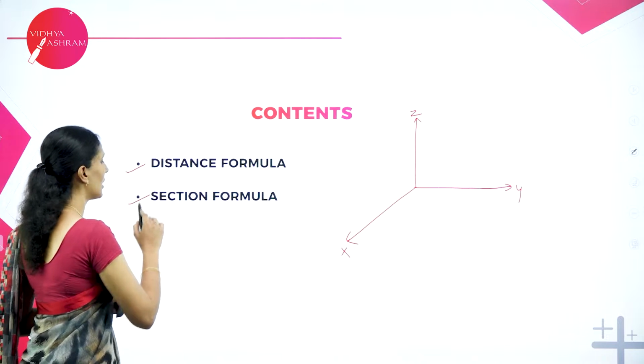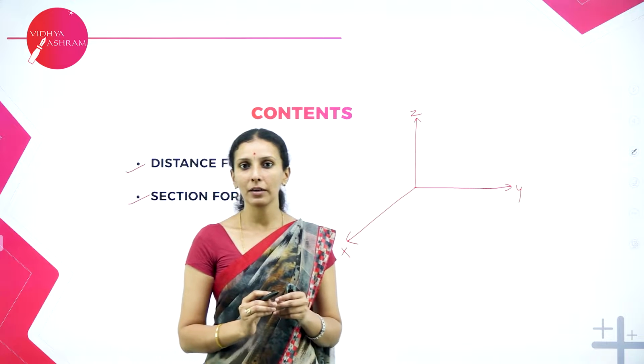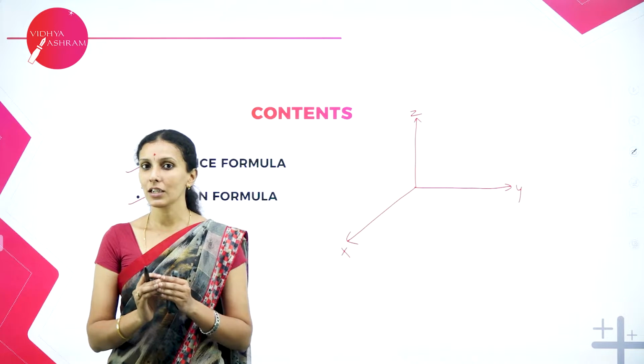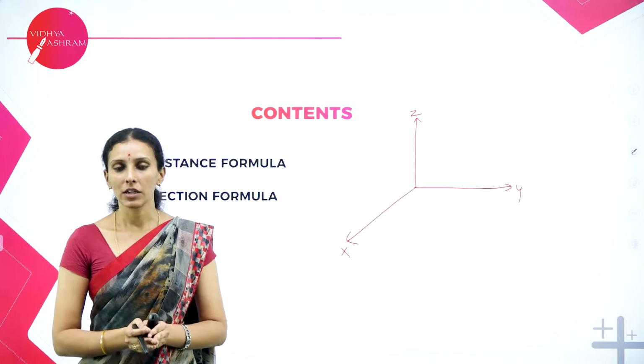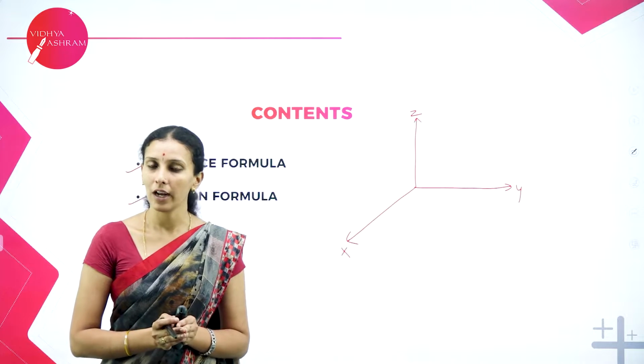Similarly, we have learnt the section formula, that is when a line segment is divided by any point in the ratio m:n. We have studied the different cases of external, midpoint as well as when it is divided in the ratio k:1. Let's work out the problems related to it.